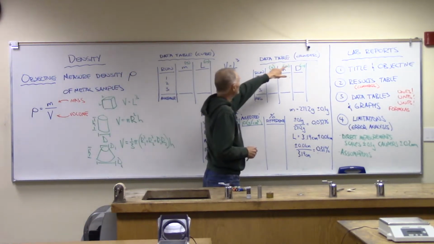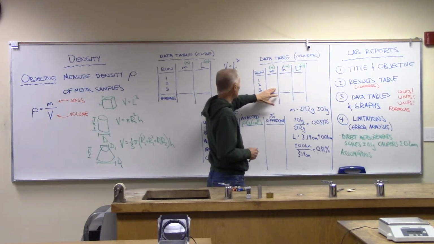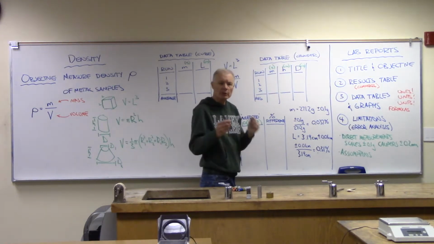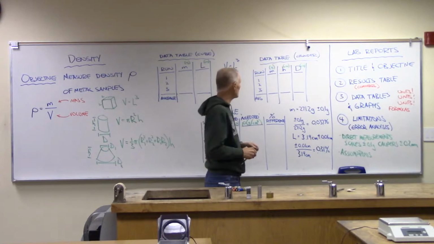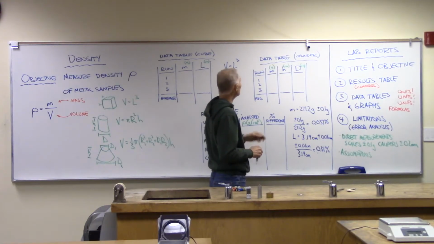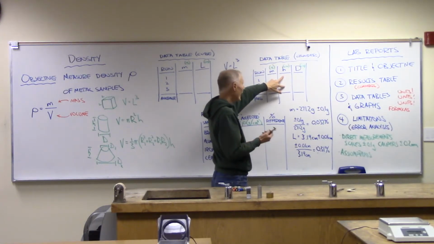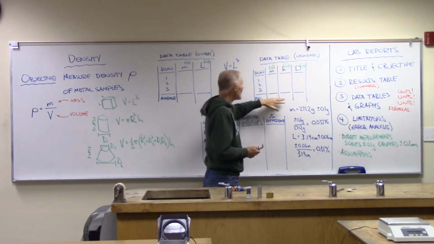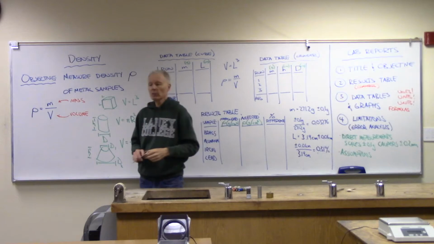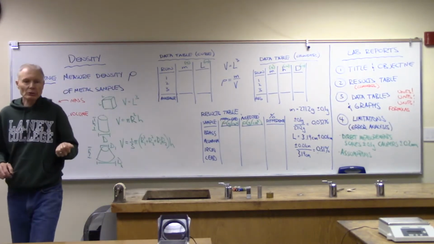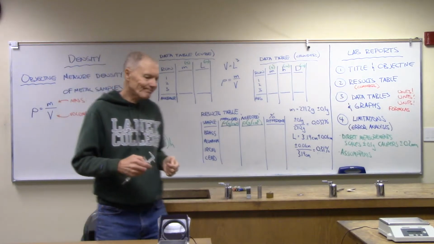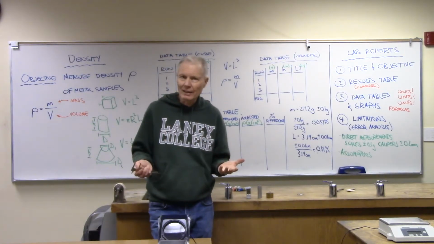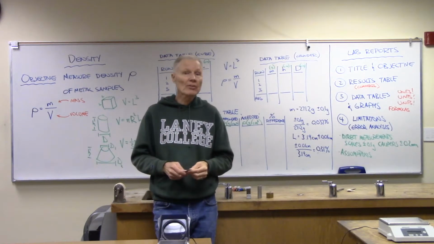And so that's what I've got set up in my data tables. For the cylinders, I'll be measuring the mass 3 times, probably 4 times, so it's kind of balanced between the 2 scales I have here for the day. And then I'll measure the height 3 times, and I'll measure the diameter 3 times. And then I'm going to do some averaging. So the first thing I want to check is, how much variation am I finding from one measurement to the next?